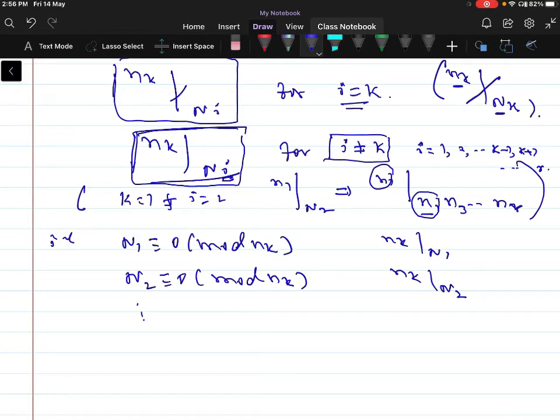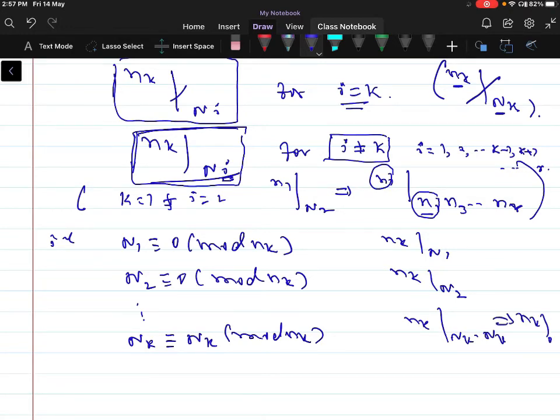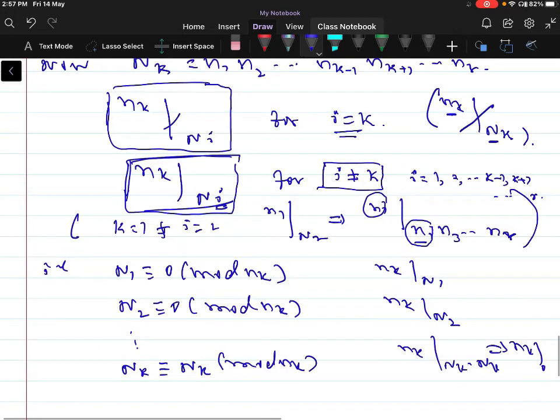When i is equal to k, capital Nk is congruent to nk modulo nk. Since nk divides capital Nk minus capital Nk, this implies nk divides 0. But here nk does not divide capital Nk for i is equal to k.